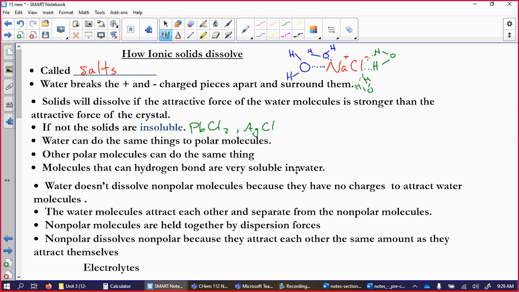Water does the same thing to polar molecules. Methanol has lone pairs here, and this end is polar, so it has hydrogens and it will dissolve.